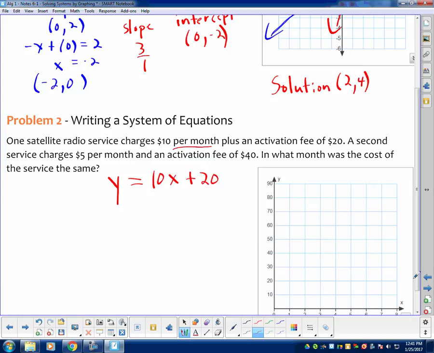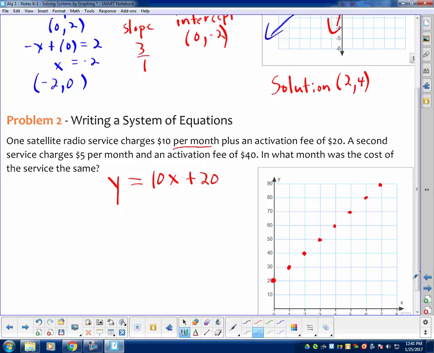Can you guys tell me how to graph the equation 10x plus 20? Up 20? Yep. Up 10 over 1, up 10 over 1, up 10 over 1. Okay, I'm just graphing it.